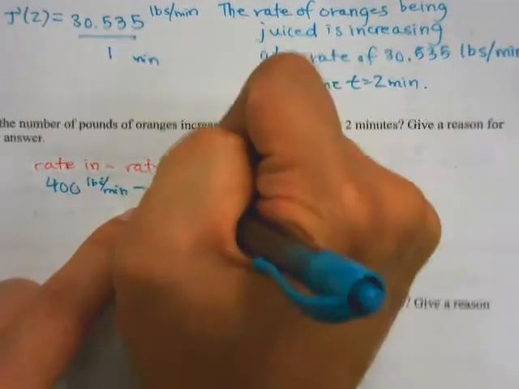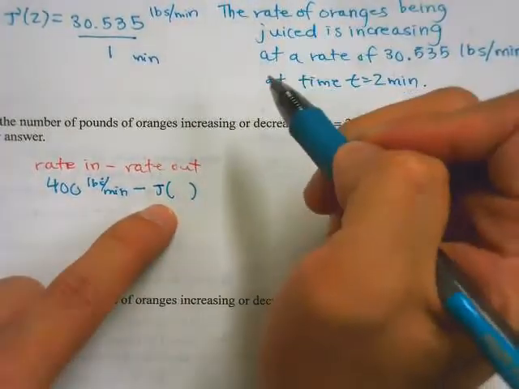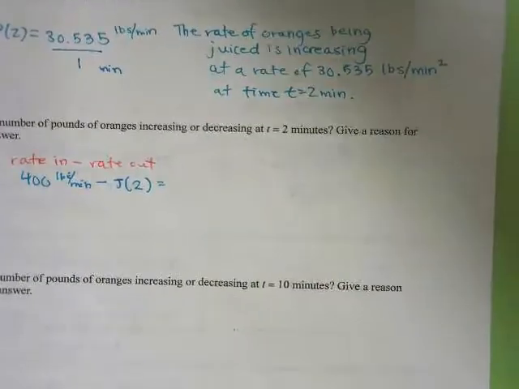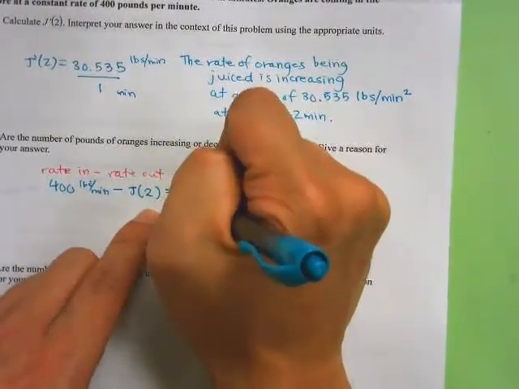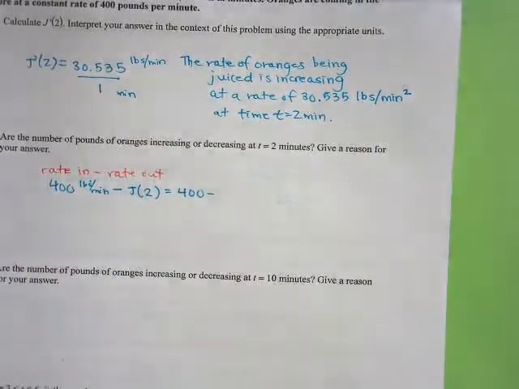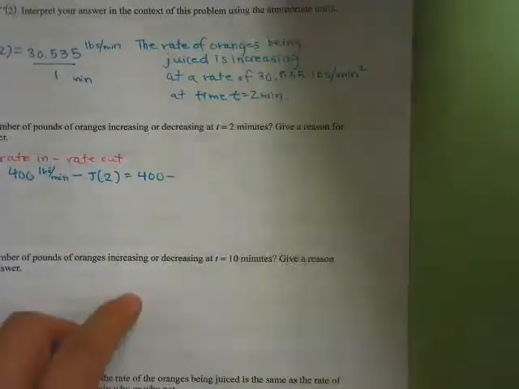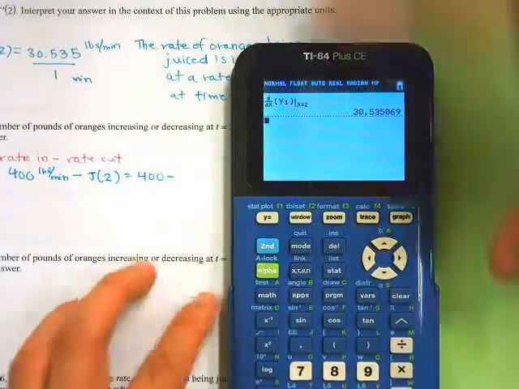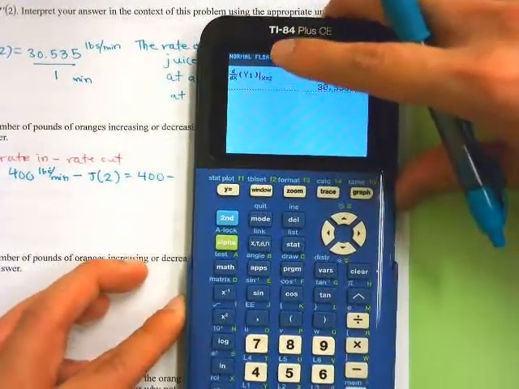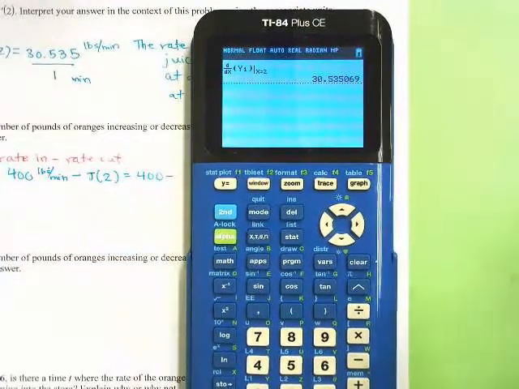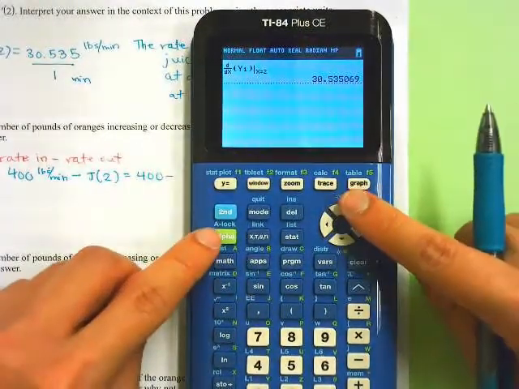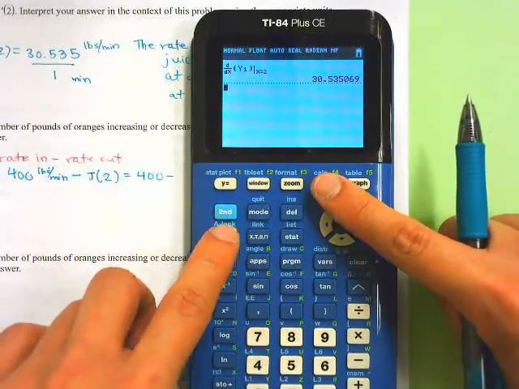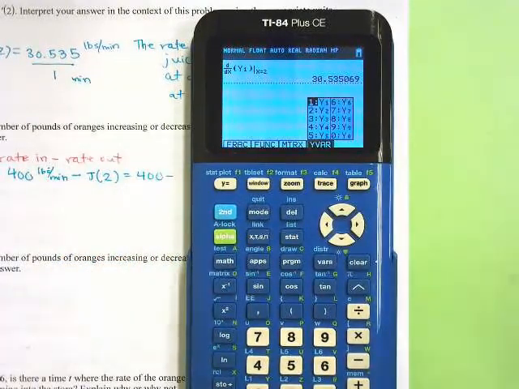J of what? J of 2. We're definitely going to need a calculator here, so it's going to be 400 minus... please be careful. Do I need the derivative function, or how do I get J of 2? Just alpha trace. You don't need to find the derivative. This is the original function.